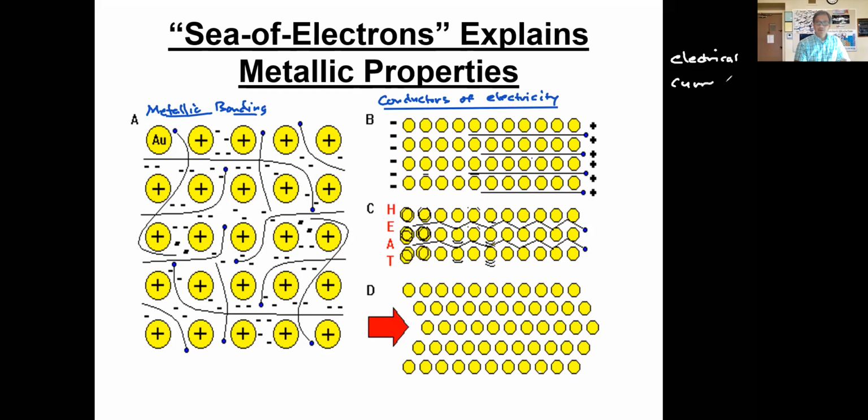The simplest way that we can describe an electrical current is the movement of electrons from high potential to low potential.